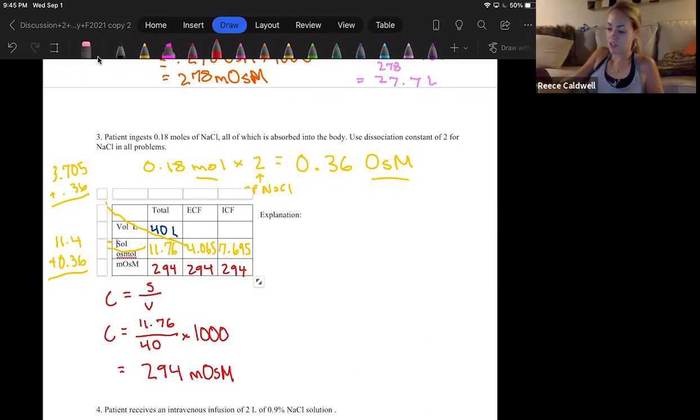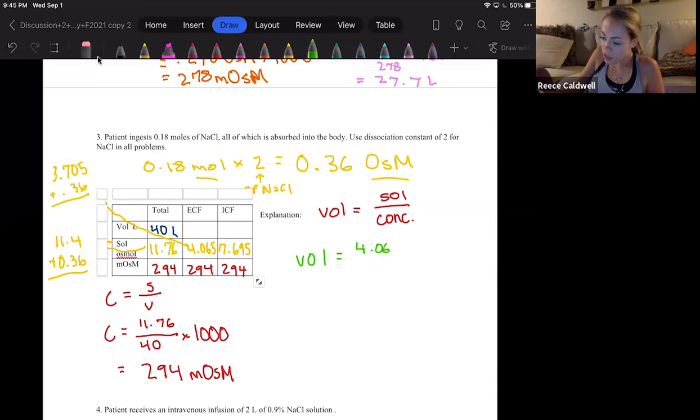So again, we're going to be solving in terms of volume now. So volume, when we manipulate that equation, is equal to solute over concentration. So just our very simple math here again, we're going to take that volume equals solute of our extracellular fluid, 4.065.